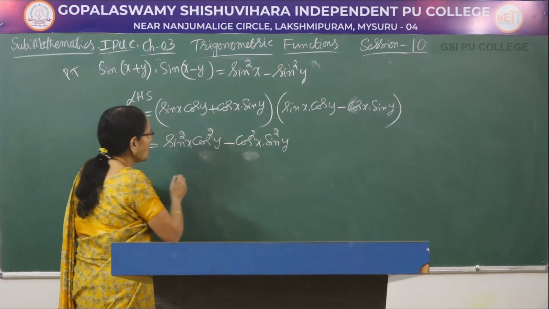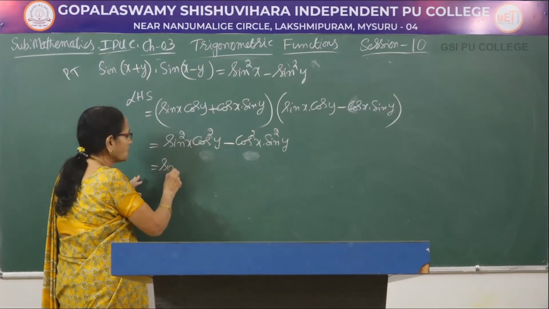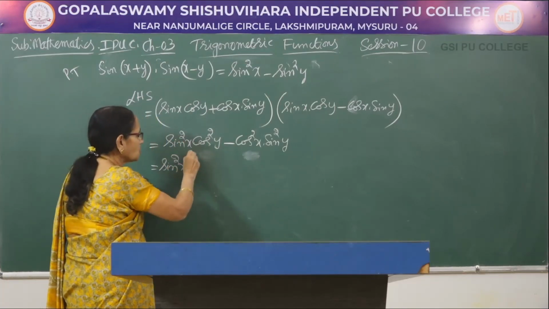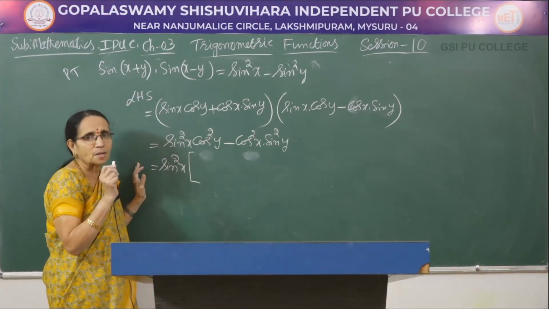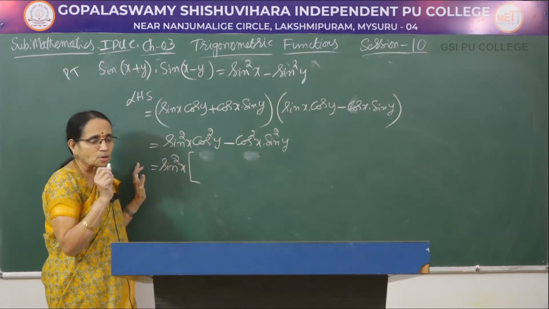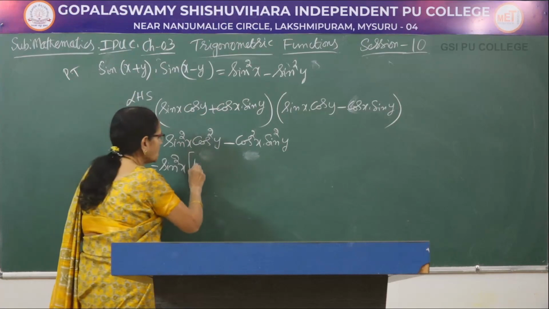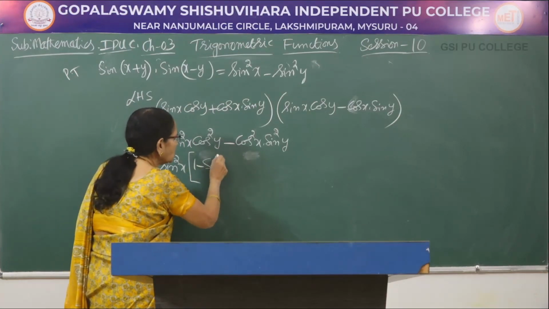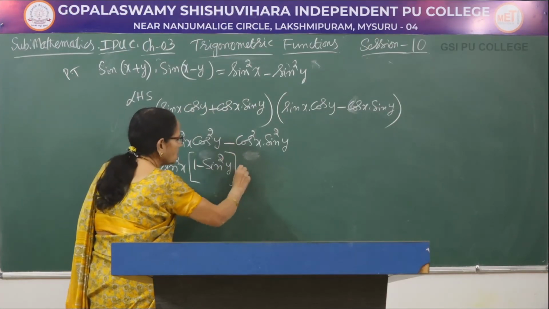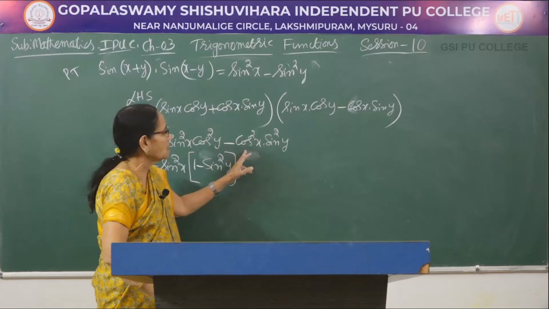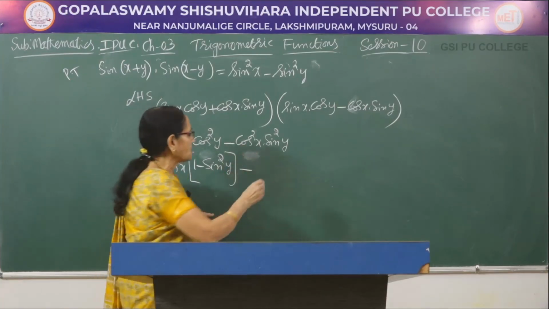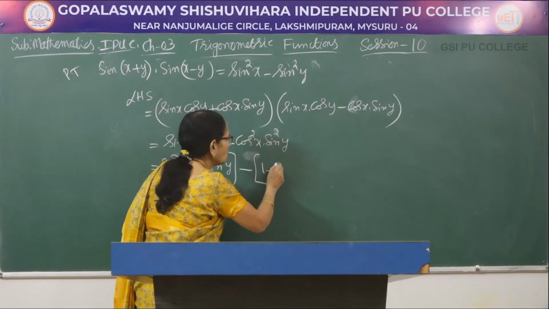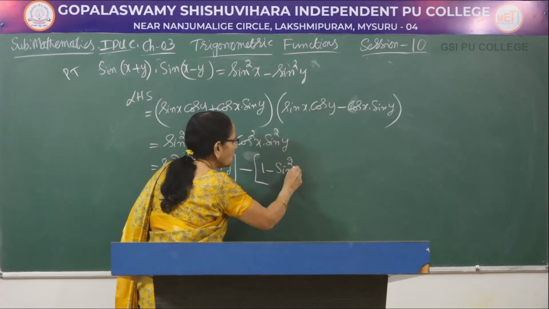Therefore, using the identity, I can write like this. Keep that sin square x as it is, cos square y, using the first identity, sin square theta plus cos square theta equal to 1, I can write it as 1 minus sin square y. Write minus, again this cos term not wanted, and using the same identity, I can write it as 1 minus sin square x.